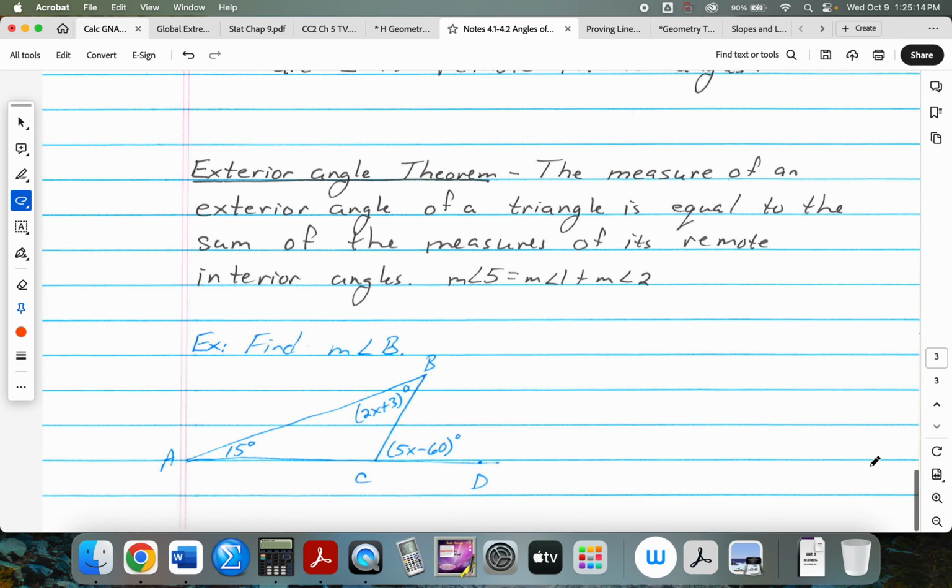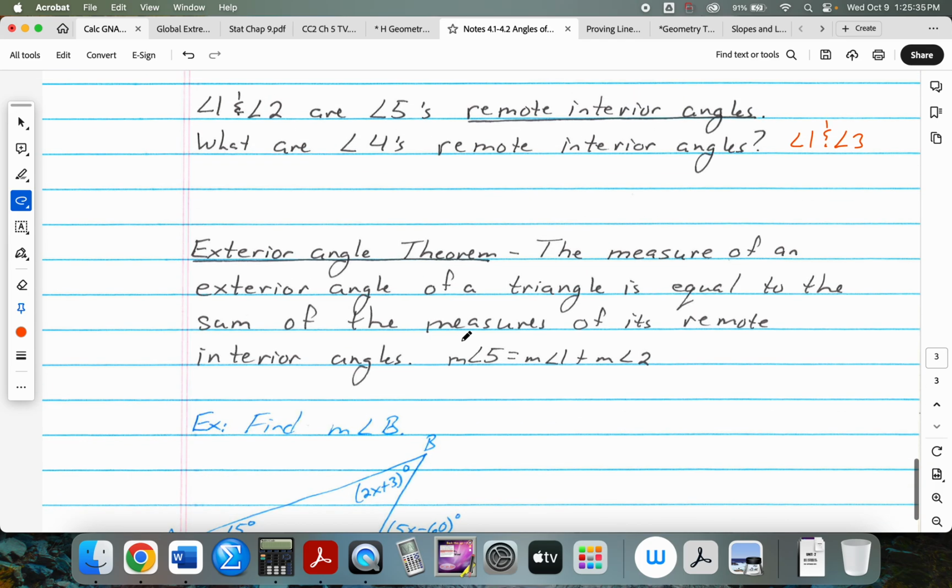And this gives us what's called the exterior angle theorem. I use this one a ton, and it makes problems go a lot faster if you will use it, even when you don't have to. And then sometimes you have to. It says that the measure of an exterior angle of a triangle is equal to the sum of the measures of its remote interior angles.